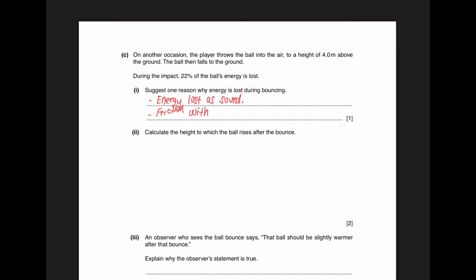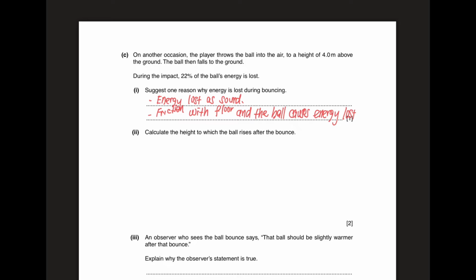Friction with floor and the ball causes energy loss. This is energy loss as work done against friction.